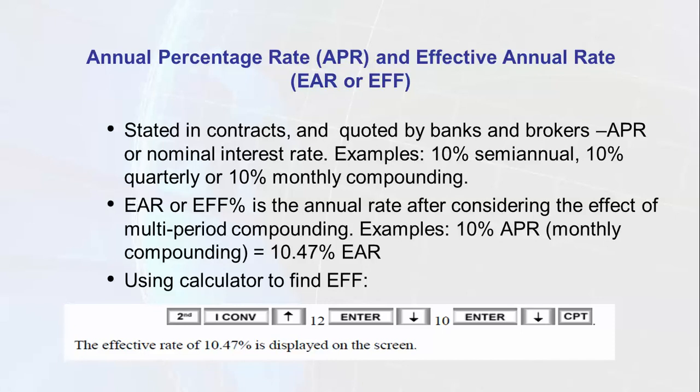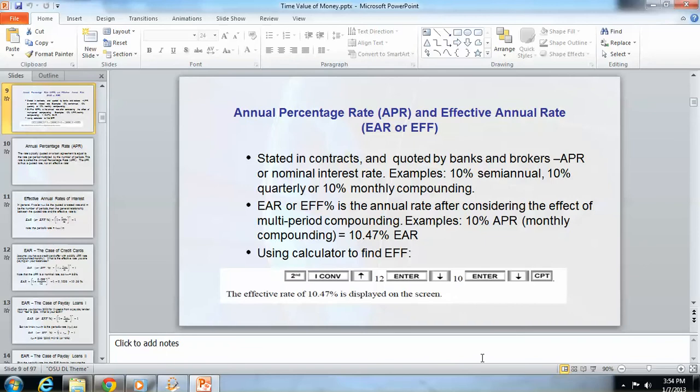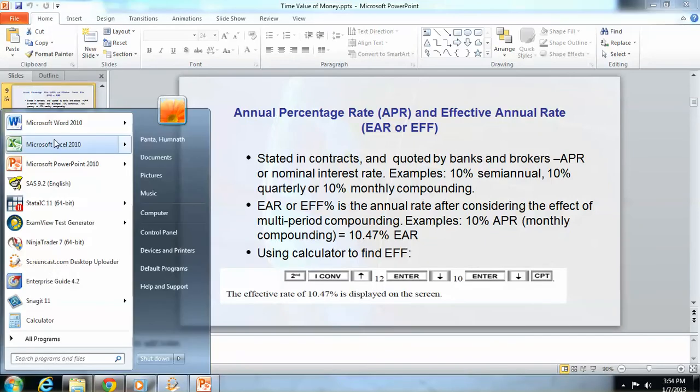How to find this effective rate? I'm going to show you two different ways: you can use Excel and you can use your financial calculator. So let's see this example using Excel. Let me open Excel.